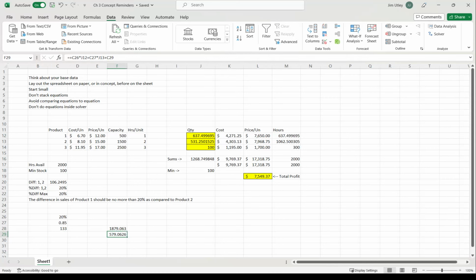There's the correct answer. And those of you who have been using the equation so far already know the fastest way to get there on this particular one would be to use SUMPRODUCT. I'm going to refer to these cells, and these cells. Get that exact same answer, and very easy to troubleshoot.